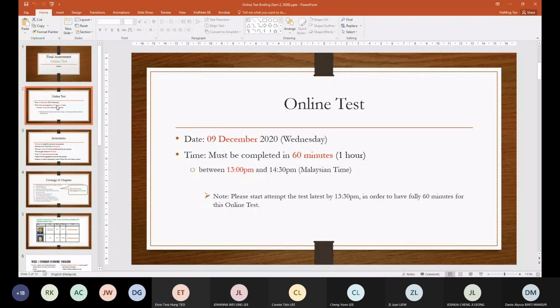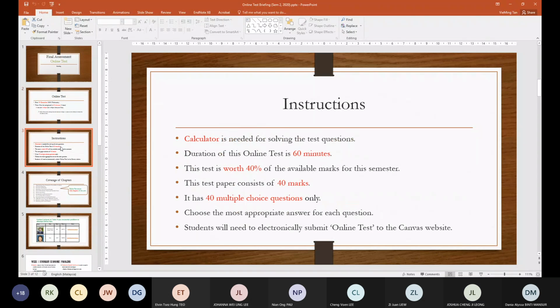Sir, your mic is not on. Sir, you didn't turn your mic on. Teacher, your mic is not on. We can't hear you. Sir, we cannot hear anything you say.